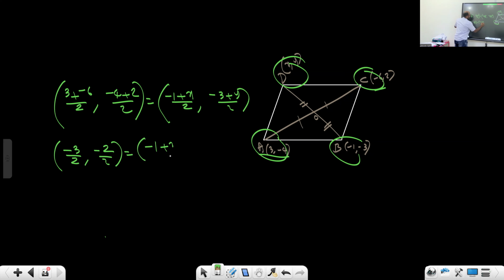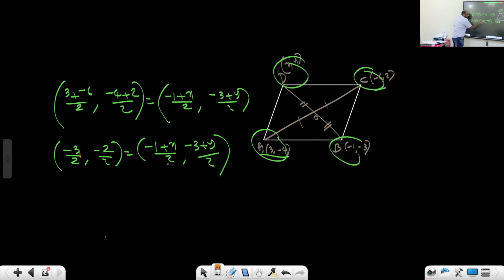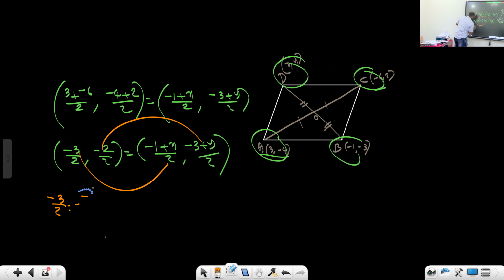First equal to first, second equal to second. So minus 3 by 2 equal to minus 1 plus x by 2. Minus 2 by 2 equal to minus 3 plus y by 2.